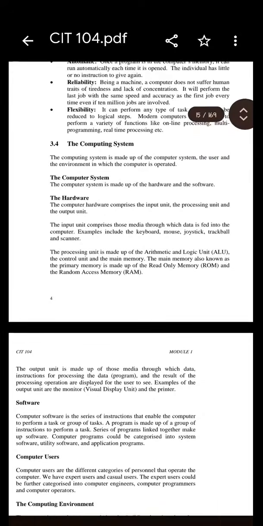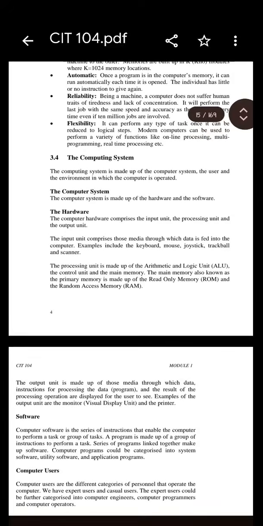Now we have the processing unit. The processing unit is made up of the arithmetic and logic unit, the control unit and the main memory. Please carry your pen and paper. Write down this thing I'm about to say. It's very important.